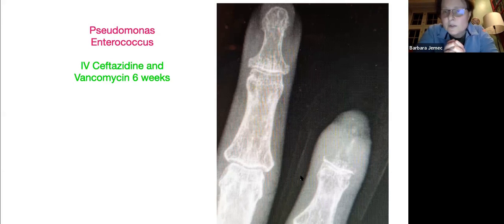There was no distal phalanx. Apart from sending the specimens that we've talked about, she does not have a distal phalanx anymore. Usually it's Staph aureus again, but she grew Pseudomonas and Enterococcus and was treated with ceftazidime and vancomycin for 6 weeks.